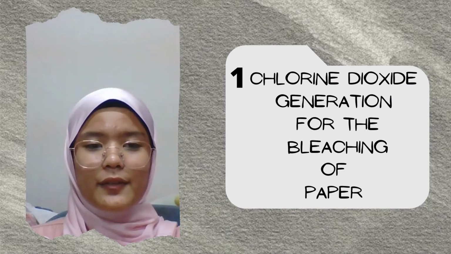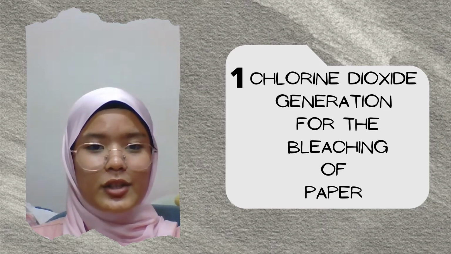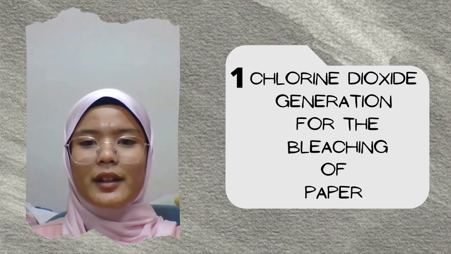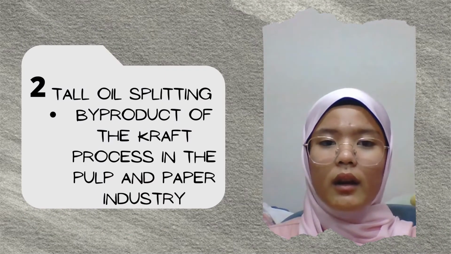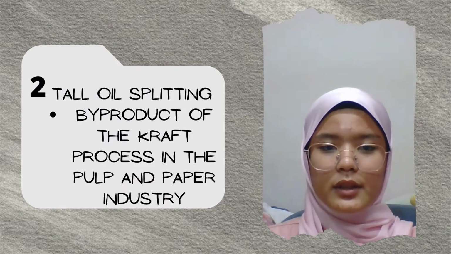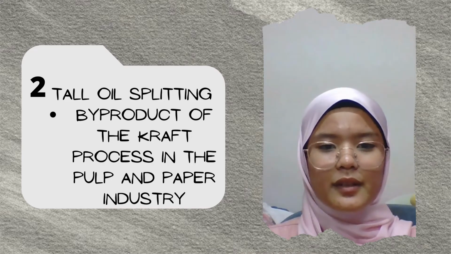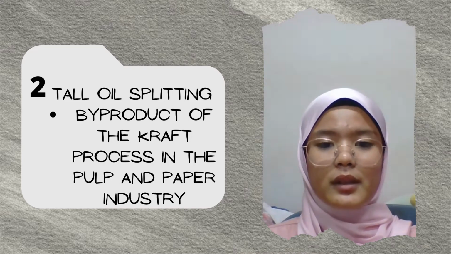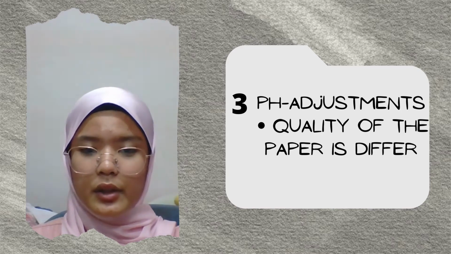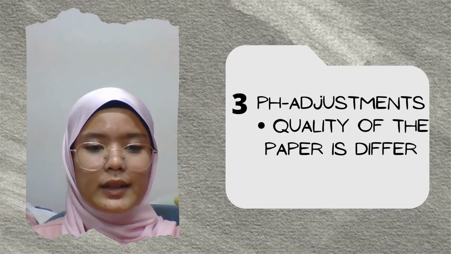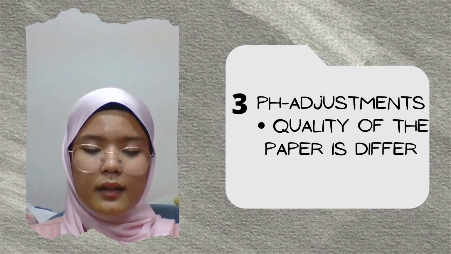First, we have chlorine dioxide generation for the bleaching of paper. Second, we have tall oil splitting, which is the byproduct of the kraft process in the pulp and paper industry. And the last one is pH adjustment, where the quality of the paper differs.